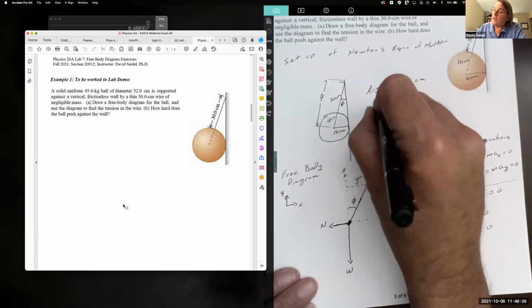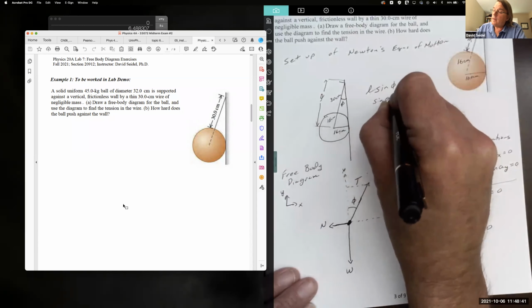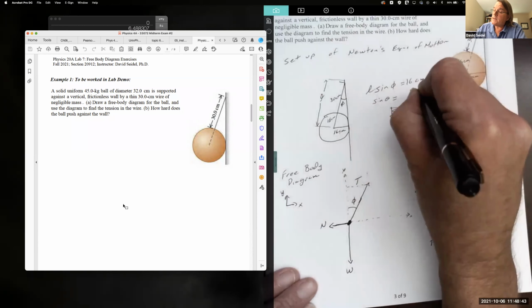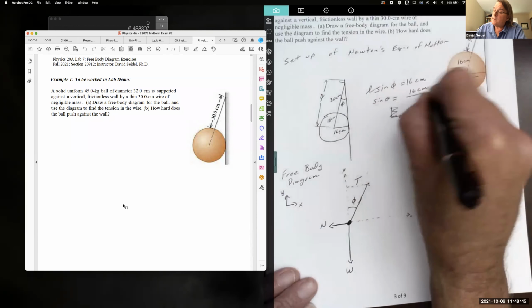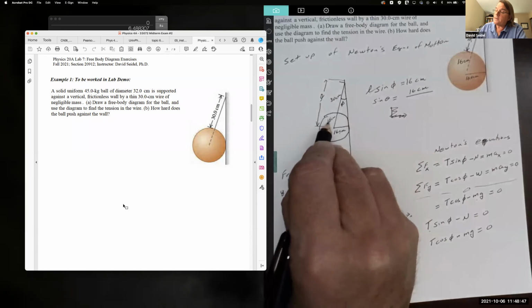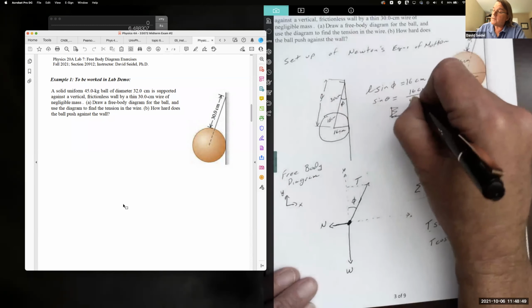Or sine phi is equal to 16 centimeters divided by 30 plus 16, or 46 centimeters.